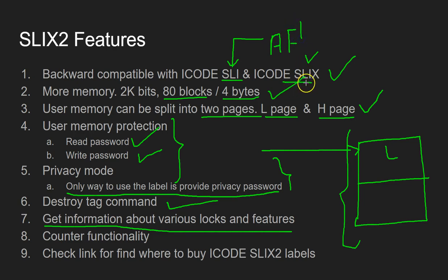It's also very difficult to find out whether the EAS is password protected or whether EAS is locked. There's no way to know that information with SLI and SLIX tags, whereas in SLIX2 it's possible. It gives a list of all the locks and various capabilities of the tag.